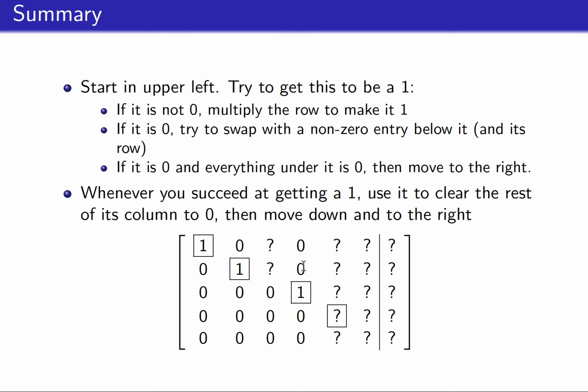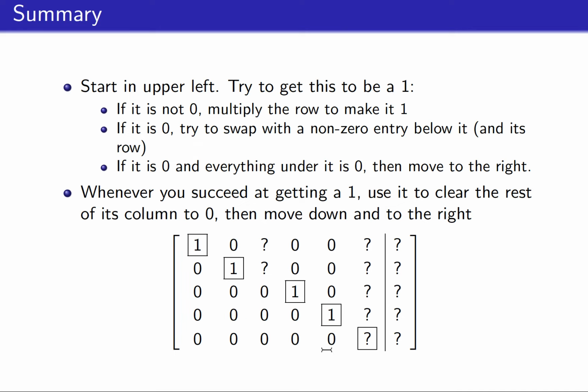Then once I get this to be a 1, I clear everything else in this column to 0, and then I move down to the right. So you see, this is no longer going down the diagonal. It's going down this diagonal and then jumped over a little bit. And now it's going down the diagonal. And this one, again, you're going to turn into a 1 somehow. We hope anyway. Let's say I succeed, then everything else in its column will be 0. And same with this one. I turn this into a 1, or I hope to turn it into a 1. Use it to clear everything in its column to 0.